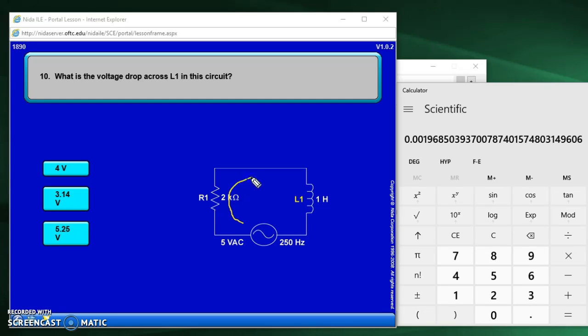Well, if we remember, we know that inside of this thing, 2 milliamps of current were flowing. And it's wanting to know the voltage drop across L1. So we've got an L1 of 1 Henry.